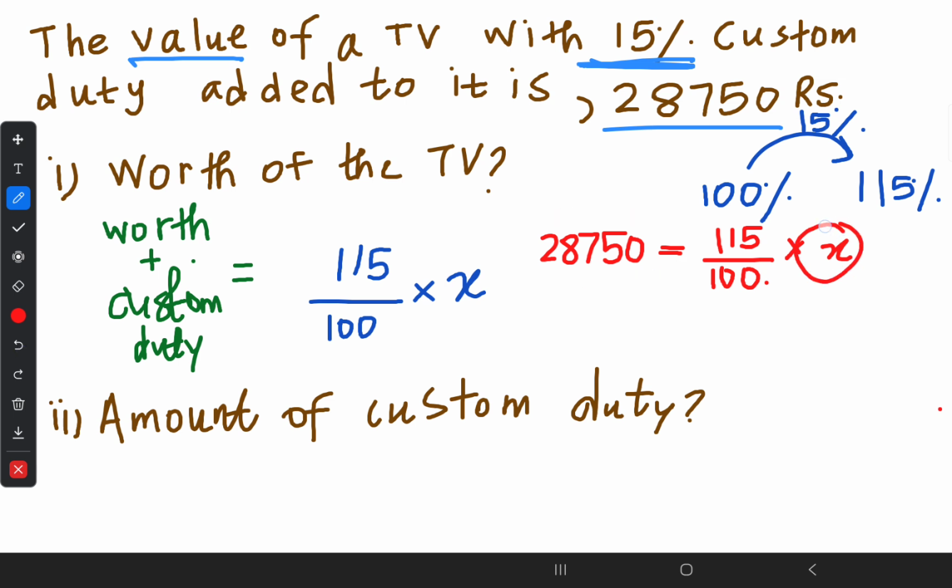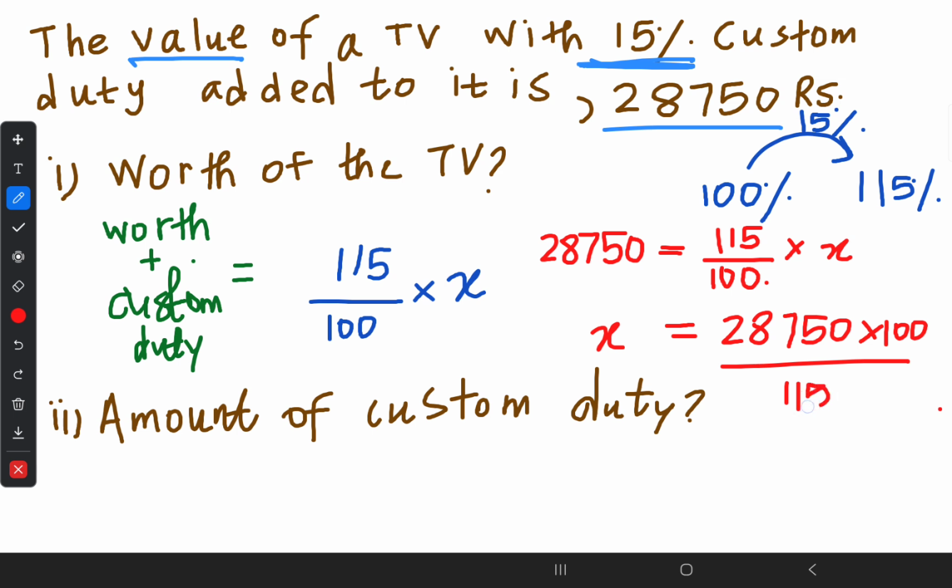When you make X the subject, you will get the answer. Here also the same formula: 28,750 multiplied by 100 divided by 115. When you simplify, you end up with the answer 25,000 rupees.